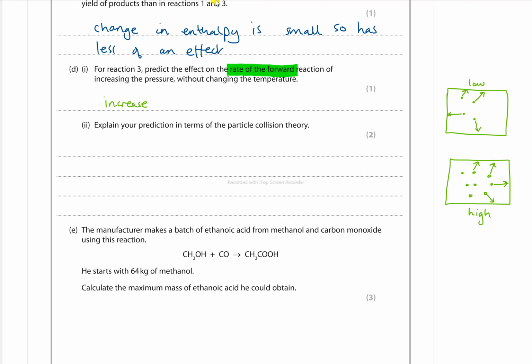Why would that be? Can you see the particles? There are more particles, so the particles are closer together.